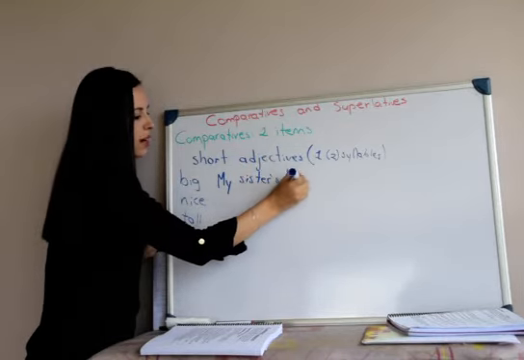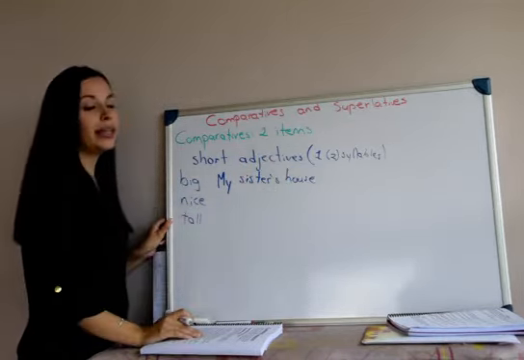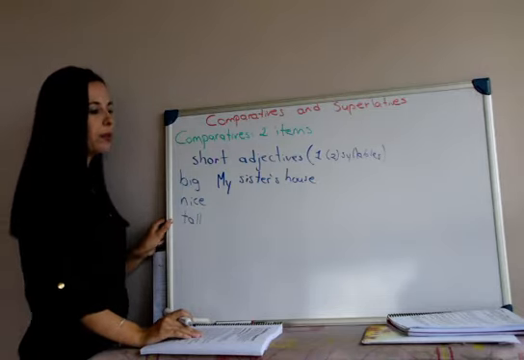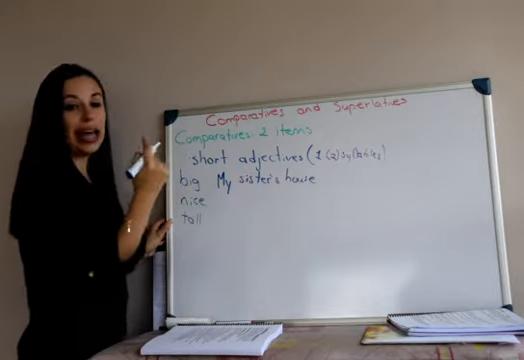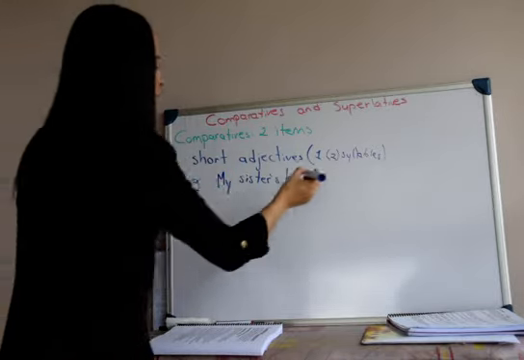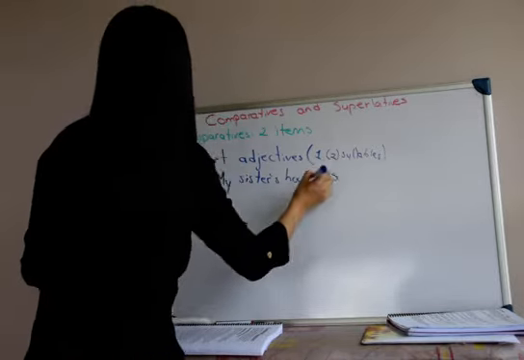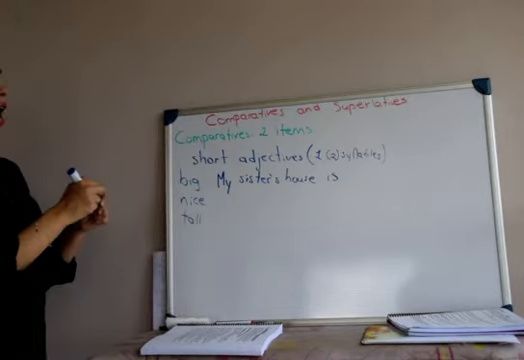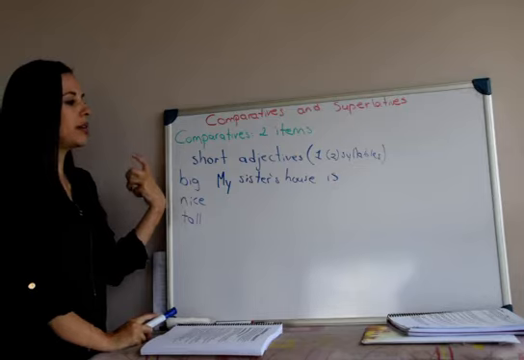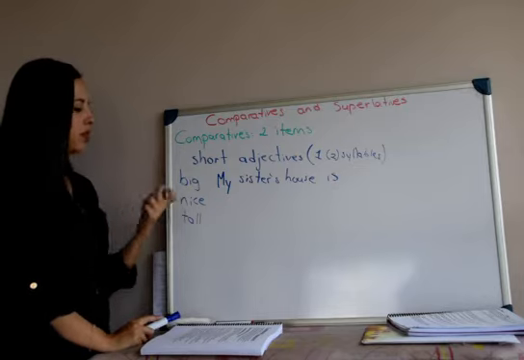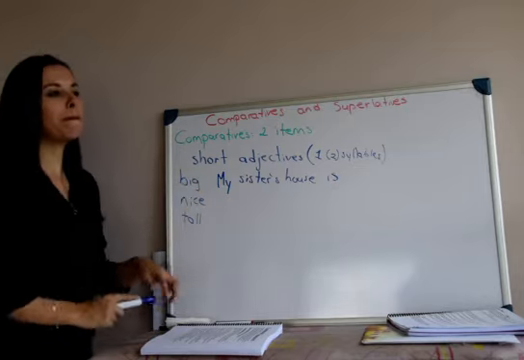My sister's house. Okay, I need to use the verb to be. The verb to be is, right? Because it's one thing. La casa de mi hermana es, right? So we need verb to be in singular, is. And here I have to add the comparative. The comparative is based on the adjective. So the adjective that I'm going to use is big.